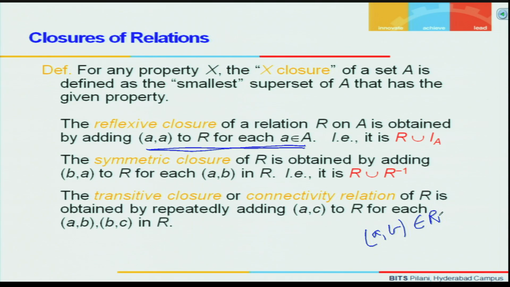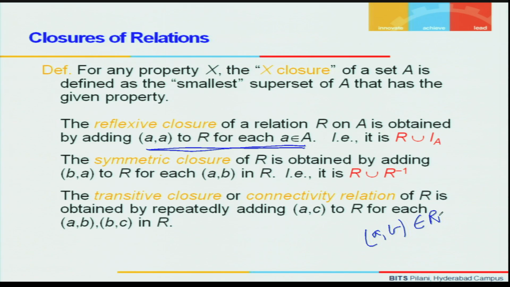Suppose it is not symmetric, then for each (a, b) you just add (b, a) to the relation R. You add some more tuples to R to close it with respect to symmetricity. If it is already symmetric, you don't have to add any element to your relation R. If it is not, you just add a few more elements so that the relation becomes symmetric, and this particular new relation is called the closure of the relation with respect to symmetricity.